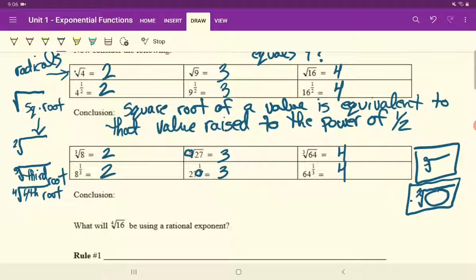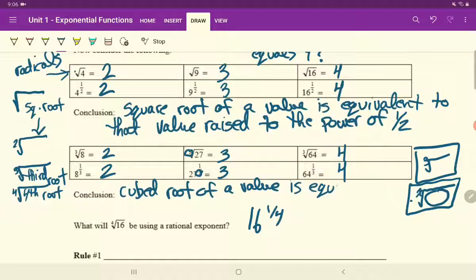Right here. And by the way, let's write out our conclusion. The cubed root of a value is equivalent to that value raised to the power of 1/3.